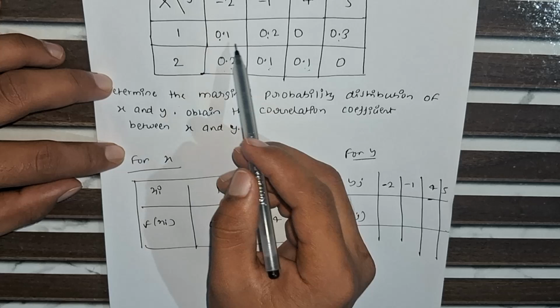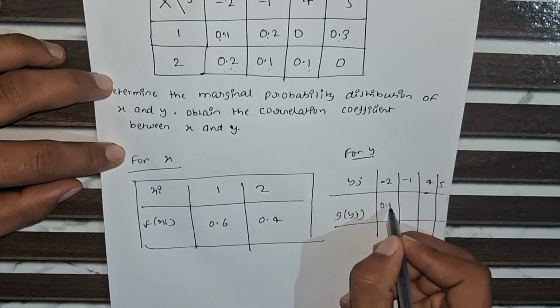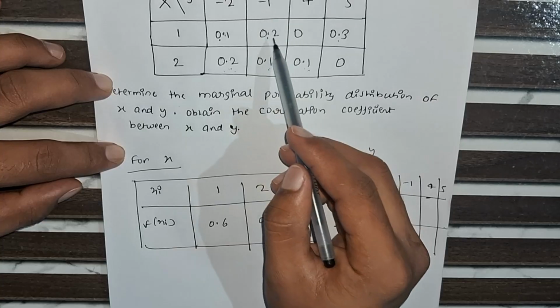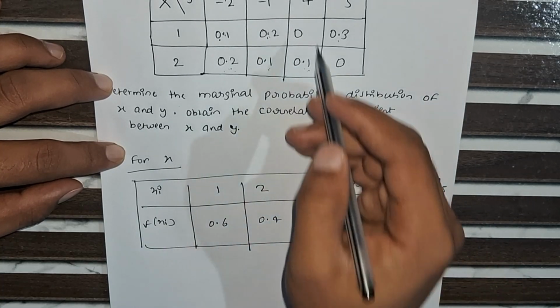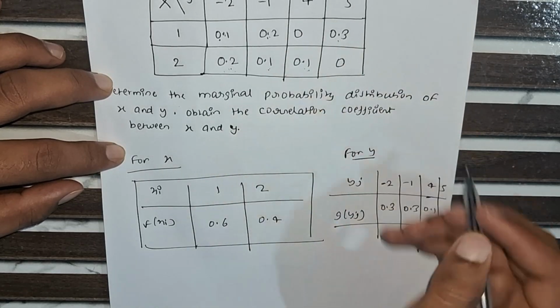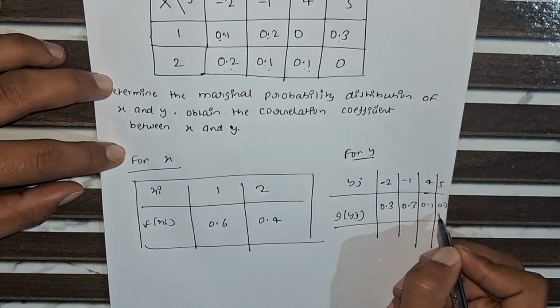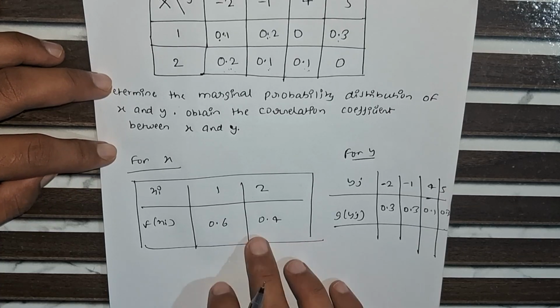So for -2, what is the value? 0.1 and 0.2, which is 0.3. Then for -1, 0.2 plus 0.1 is 0.3. For 4, it is 0.1. And for 5, 0.3 plus 0, which is 0.3. So this is our marginal probability distribution for x and y.